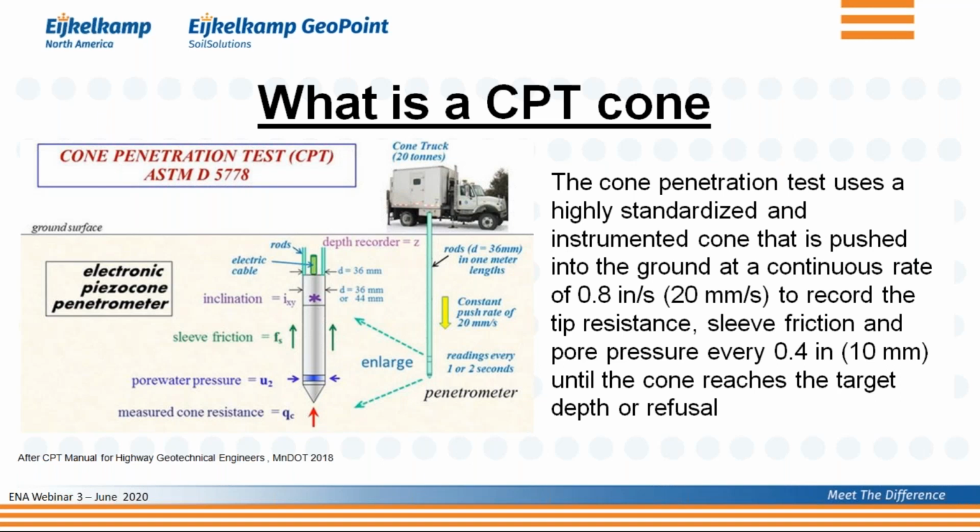And at the end of that CPT rod string is a cone. You see in a large picture of the cone where we measure the tip resistance, the pore water pressure, and the sleeve friction. That in a nutshell is what a cone sounding or a CPT test is all about.